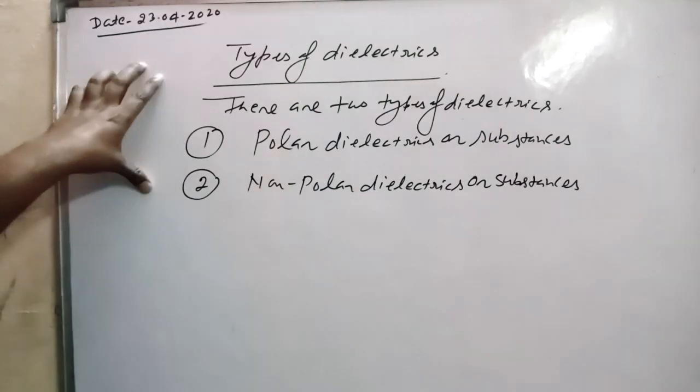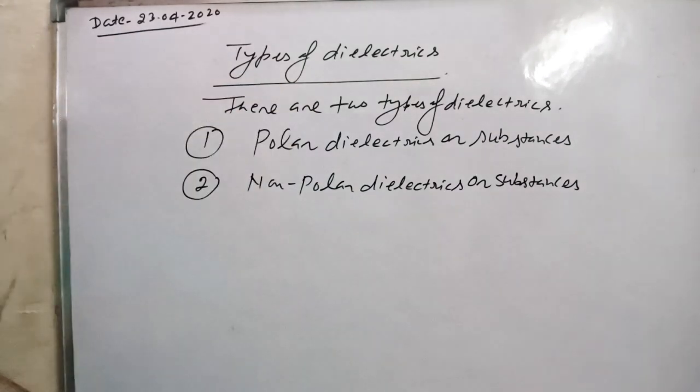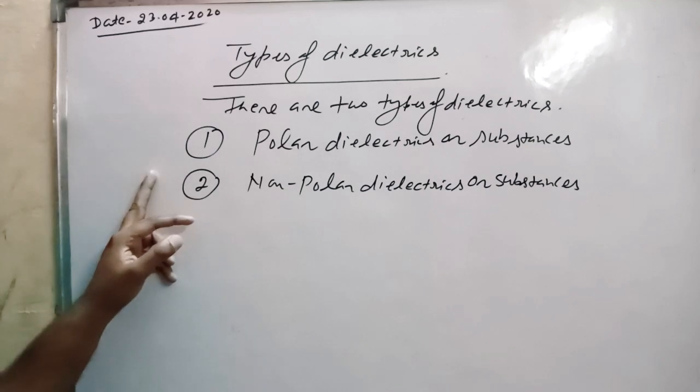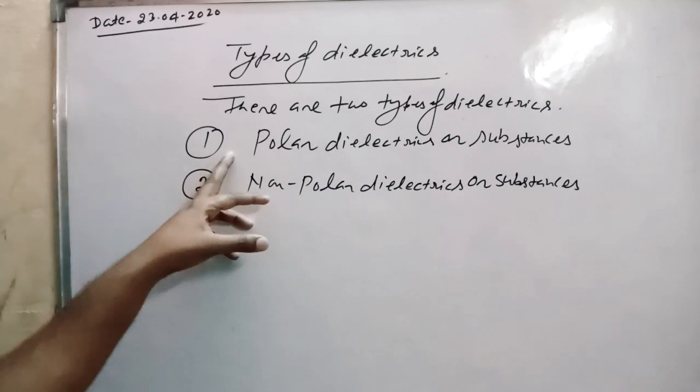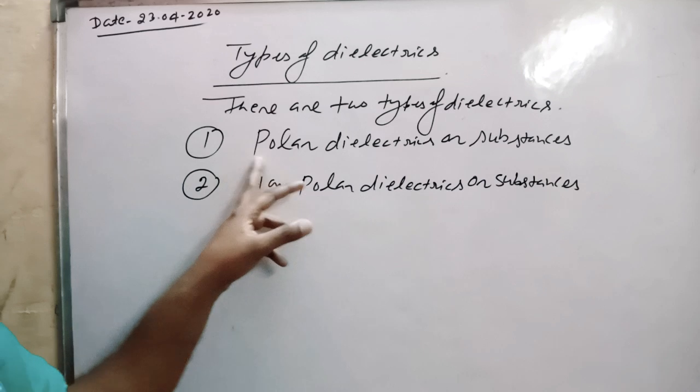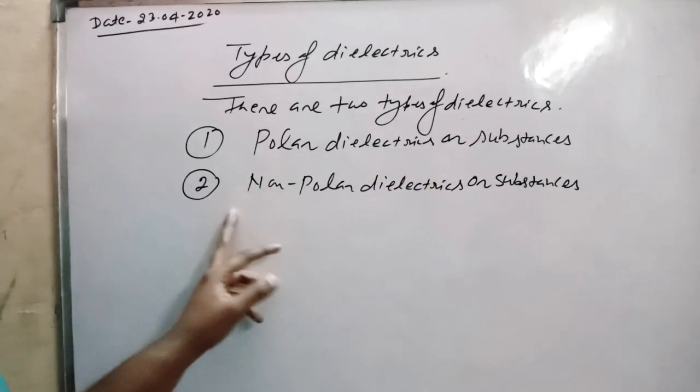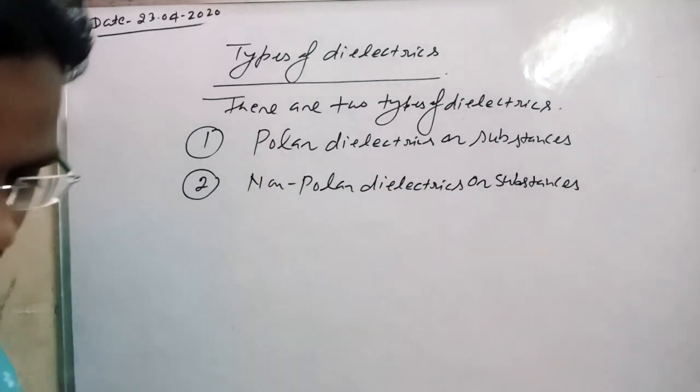So now here we study types of dielectric. Dielectrics are categorized into two categories. First one is the polar dielectric and the second one is the non-polar dielectric.